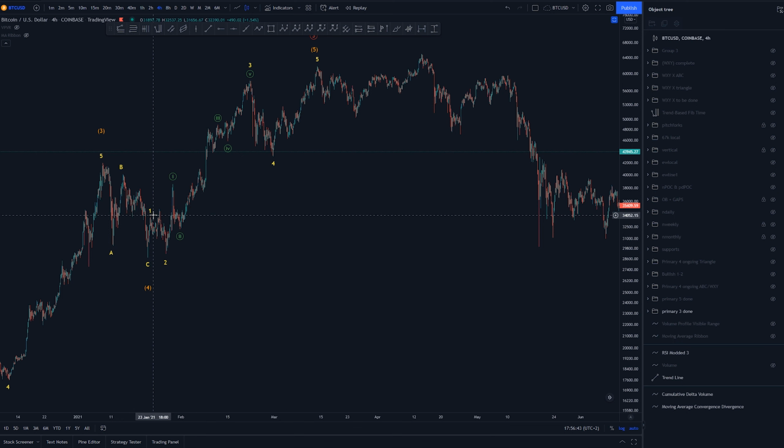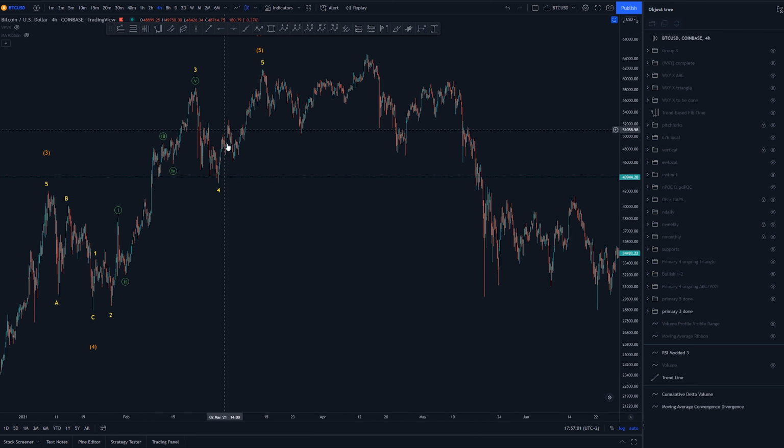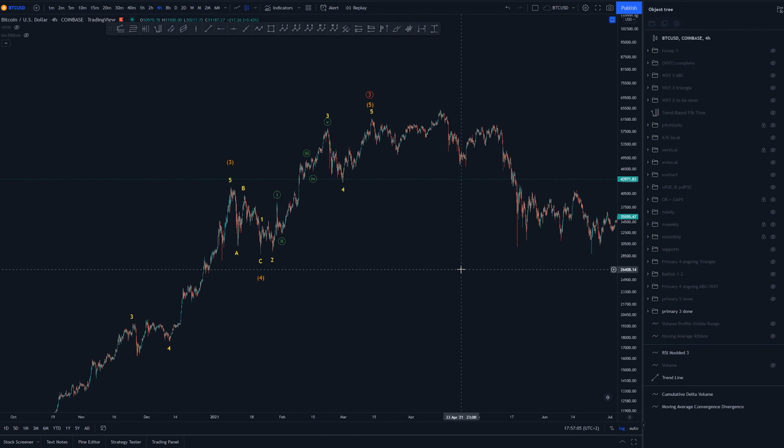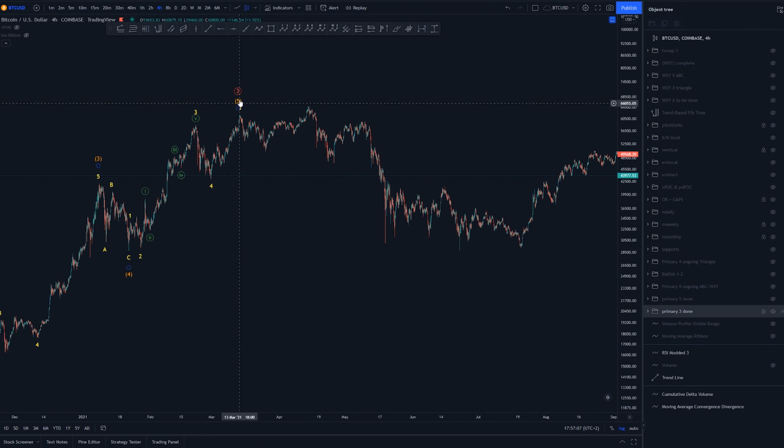So we can have a 1 minor 2, then minute 1, 2, 3, 4, 5. 3 here because of this structure around here, 1, 2, 3, 4, 5, and 3, 4 into 5 of third minor 4, 5, which ends the intermediary count as well into the third of primary.